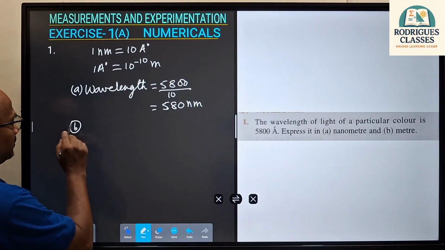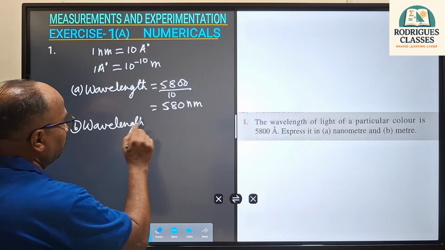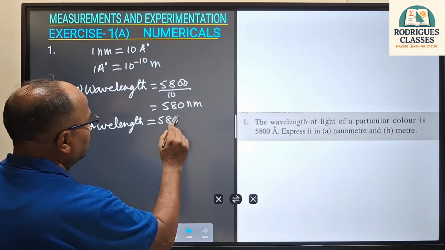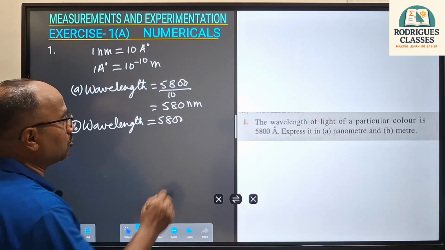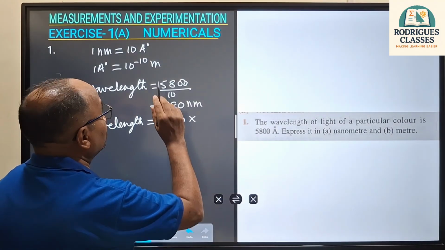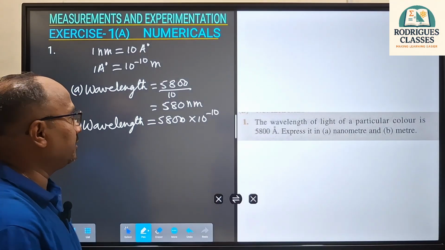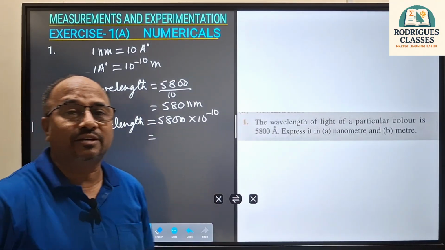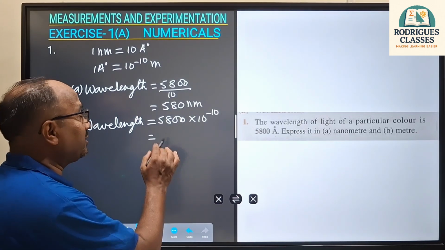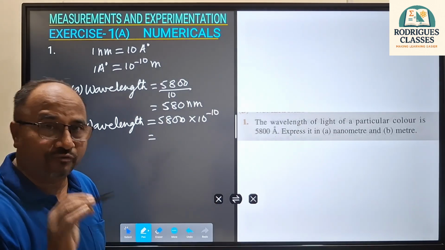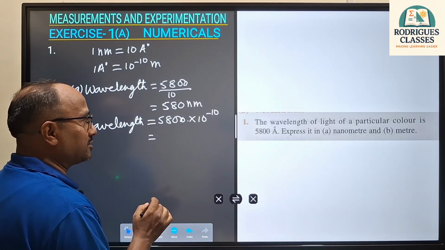Now for the B part, the wavelength is 5800 angstrom. To convert angstrom into meter, you have to multiply with 10 to the power minus 10. We need to write it in scientific notation, where the decimal has to be always after the first digit. Here the decimal is at the end, so I need to bring it 3 places back.